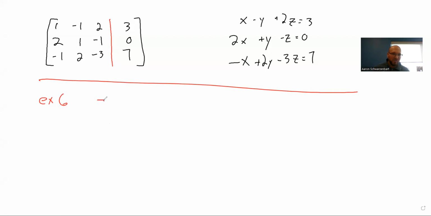So, oops, let's not put it into the matrix yet. x plus 2y minus 3z, and they're leaving a space here for w.